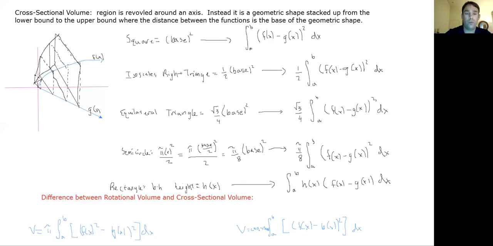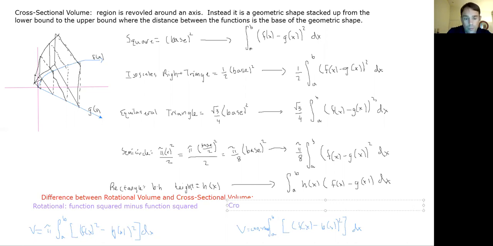Rotational, it's function squared minus function squared, whereas cross-sectional is function minus function squared.